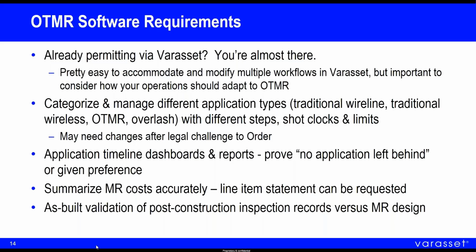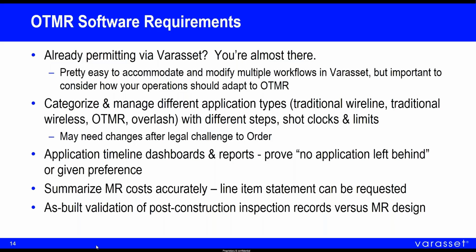and therefore you have to have a way to answer these questions. One question that we hear from the attachers is the concern that if they apply as a traditional attachment versus one-touch make-ready, they get left behind. They get deprioritized in favor of one-touch make-ready, or vice versa.